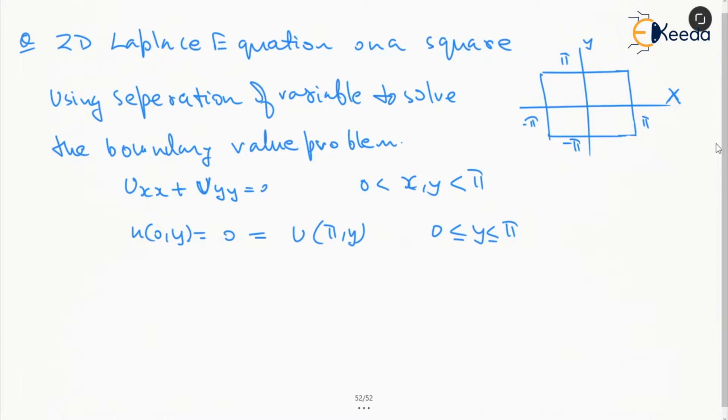Another boundary value condition is u(x, 0) equal to 0 and u(x, pi) equal to g of x for x being between 0 and pi. So these are the conditions given.